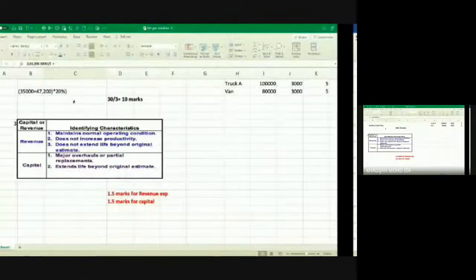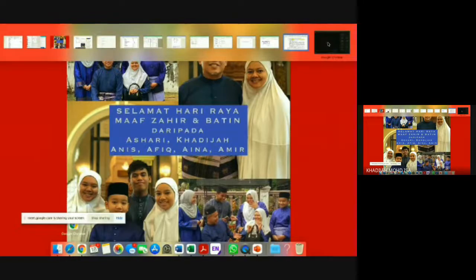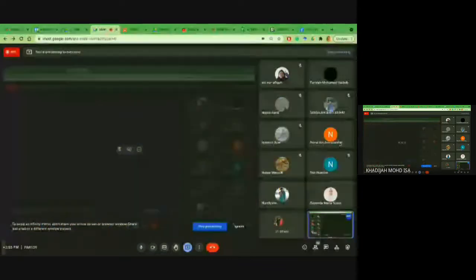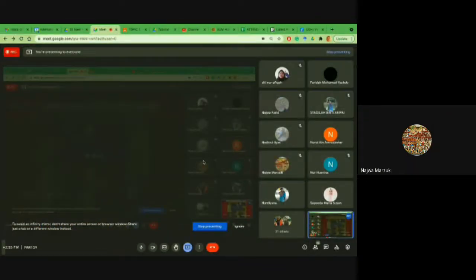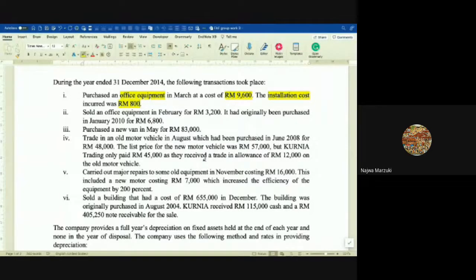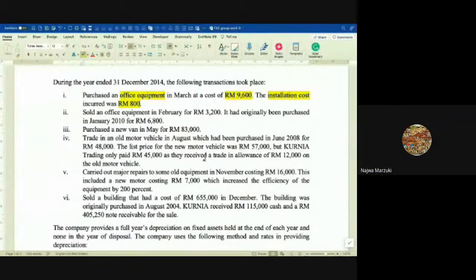Najwa Marzuki. Yes, madam. What's the journal entry for number 1? Debit equipment, credit cash.